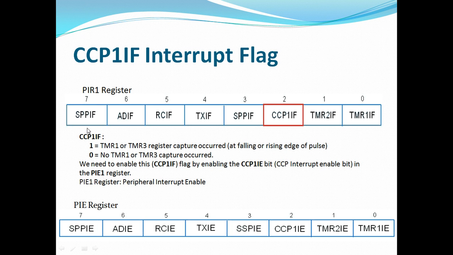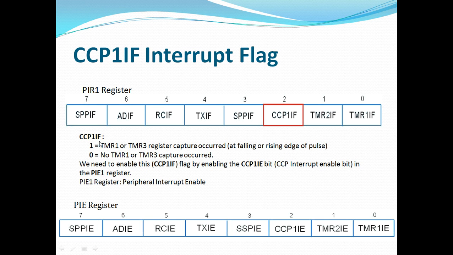So whenever the CCP1IF flag is raised to 1, that means an event has occurred on the pin of this particular microcontroller, PIC18F4550, and we will store the values of timer 1 or timer 3 into the CCP register lower byte and higher byte.